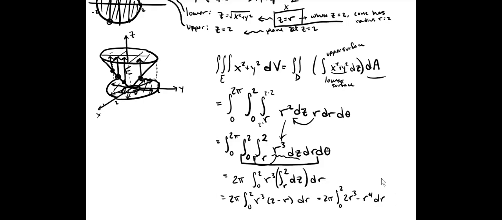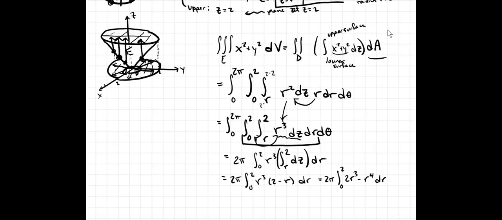I guess we might as well finish this. We've come this far. Let's go ahead and do it. Okay. What do we have? 2 pi out front. Let's go ahead and anti-differentiate. Looks like a half r to the 4th minus a fifth r to the 5th, evaluated from 0 to 2.